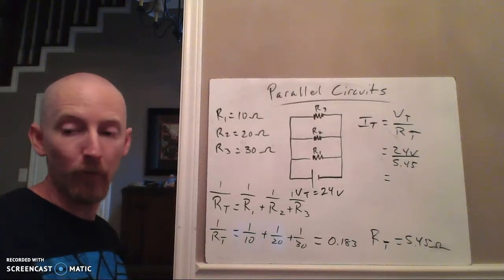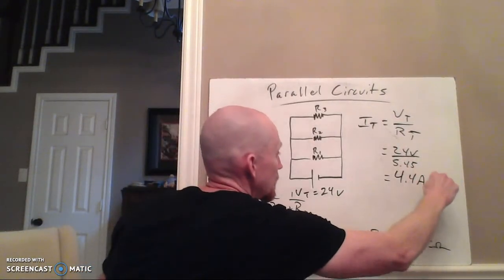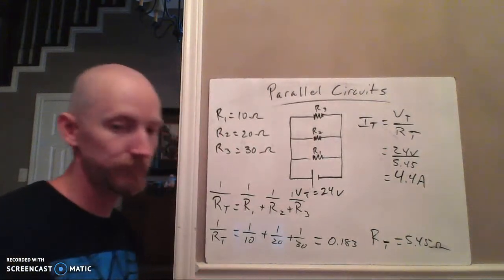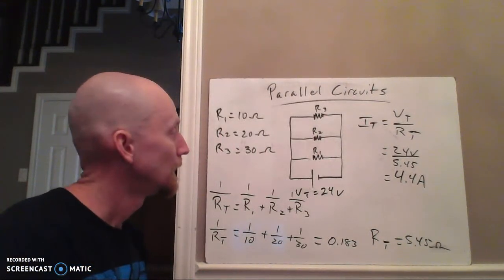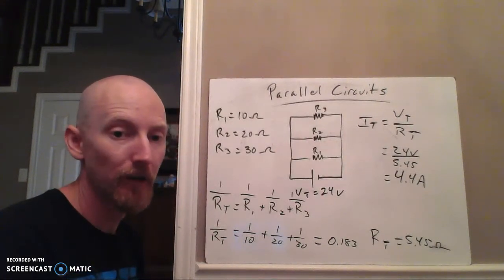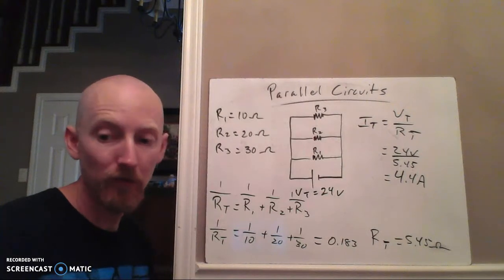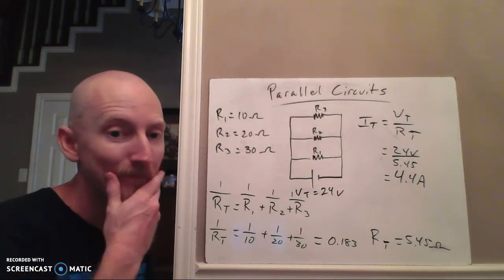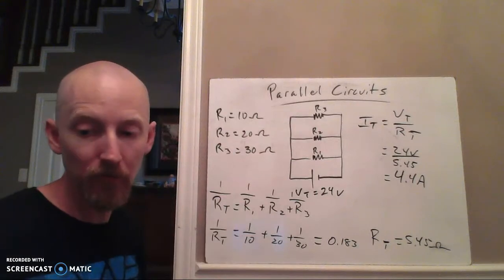I got 4.4 amps, around 4 amps of current, which is a lot. So there you go. So these are a little more work. Now, the big thing that you would be asked to do is to find the current in each branch. So these are called branches.